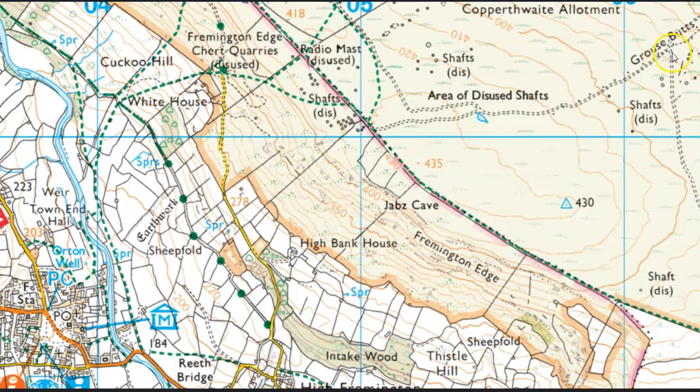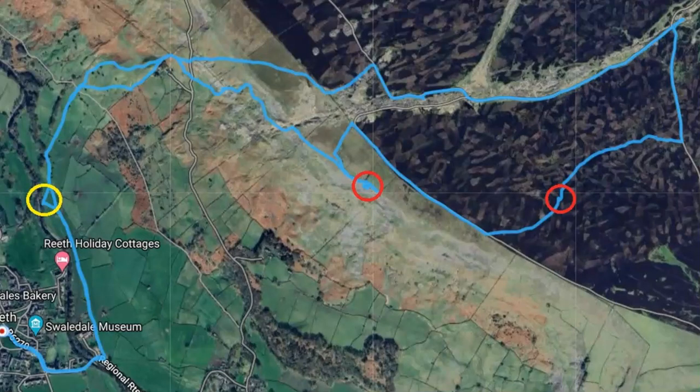So what could I be looking for after this point? Well, it's always worth visiting a trig point, so I was going to head up to there. So how did I do it? Well, there's no path on the map to there, so let's have a look at the satellite trace. Well, you can see that I continued on this southerly track and then got to a point where I just cut off it.